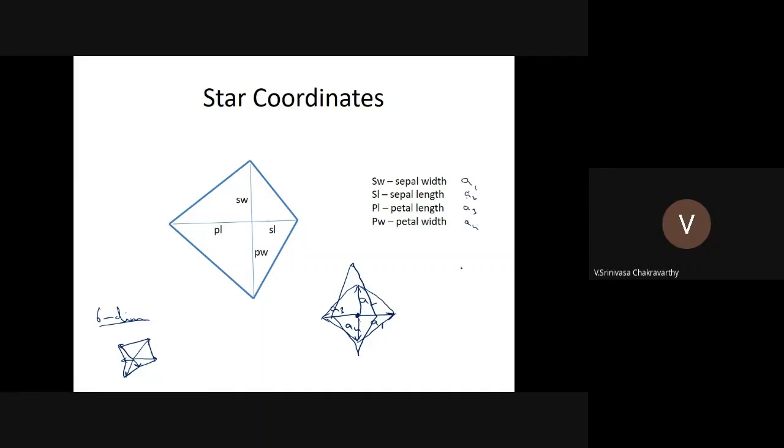Now, from the origin, there are 4 attributes, so you take 4 directions, and the 4 directions must be uniformly spaced. So the angle between the directions will be 90 degrees. For each data point which has 4 numbers, you will get one quadrilateral.